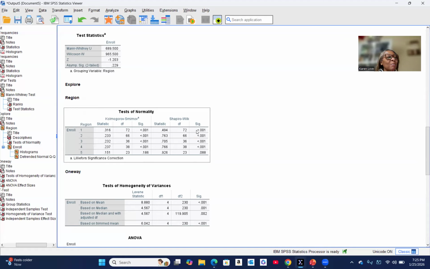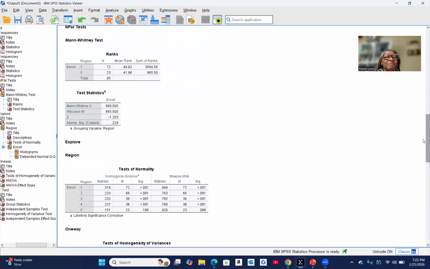We know that 0.001 is less than 0.05, so the normality is not met there. We also know that 0.088 is greater than 0.05, so normality is assumed here. We also saw through the data that all three criteria were violated. So we now run the Mann-Whitney test, which is similar to the t-test.